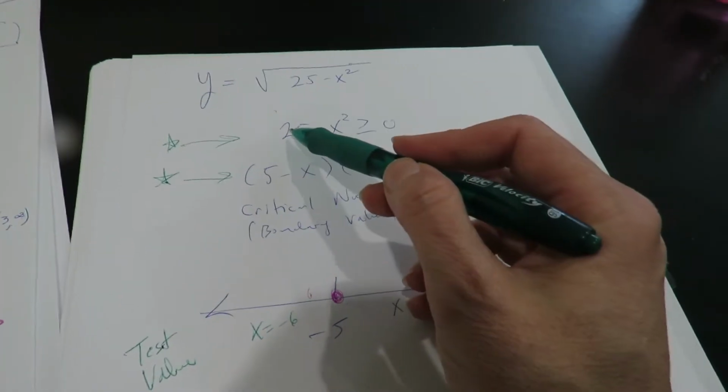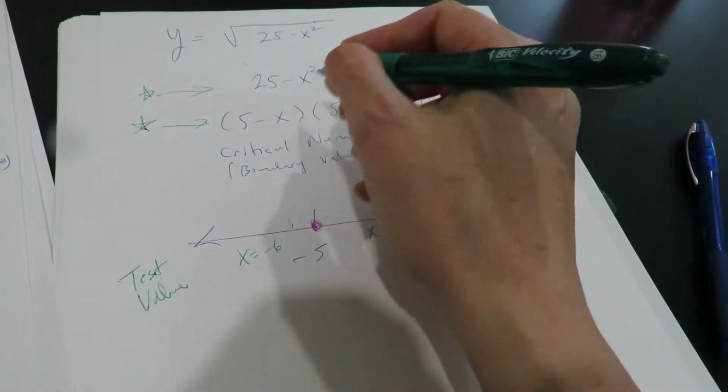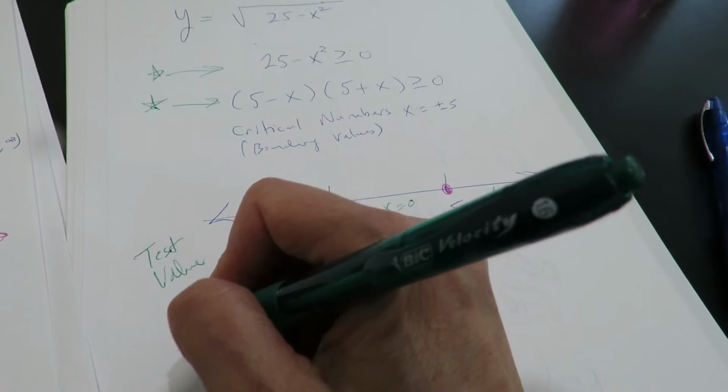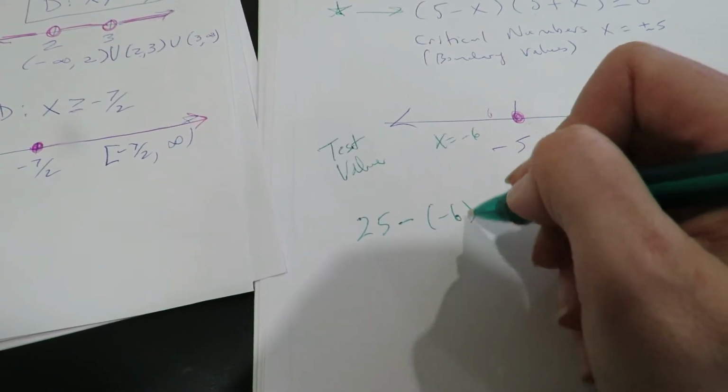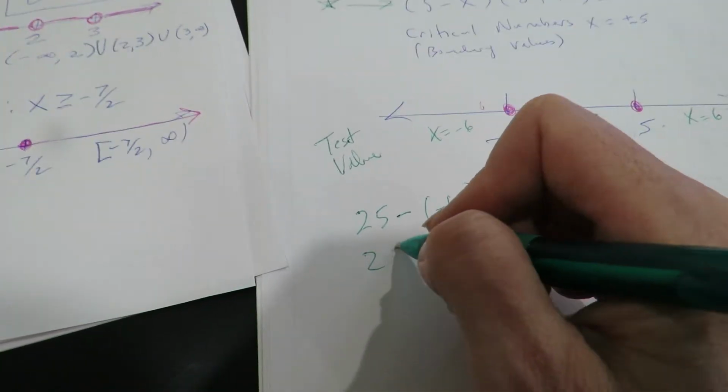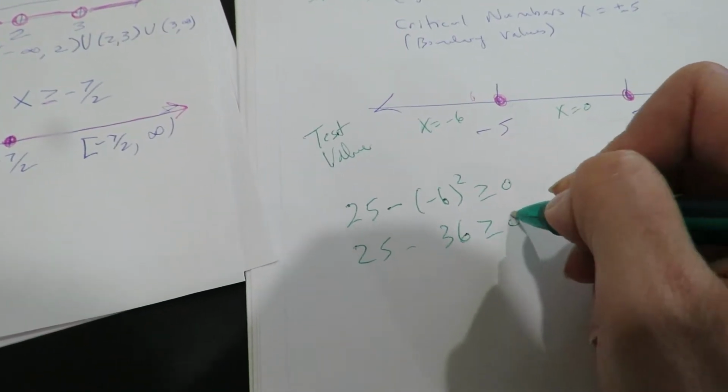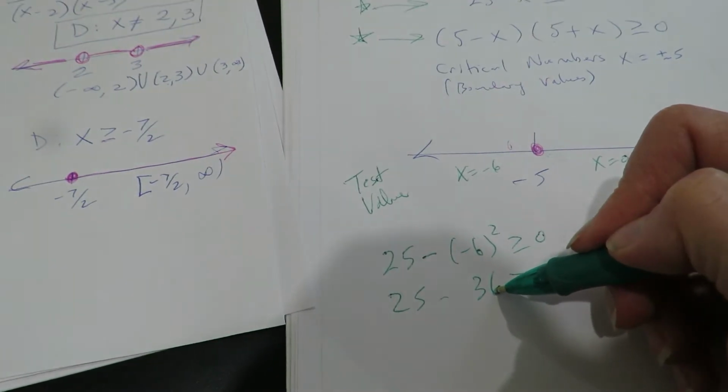So if I plug in -6, I'm going to plug it in here, but either is fine. You're literally doing 25 minus (-6) squared. You're trying to figure out if that's true or false. If you take a negative and you square it, it becomes positive.